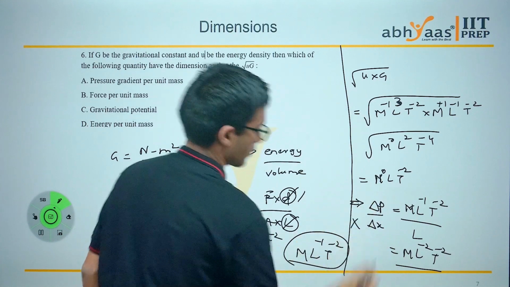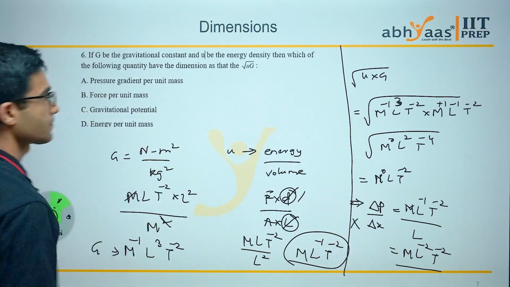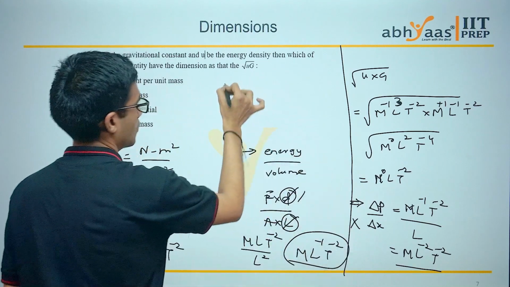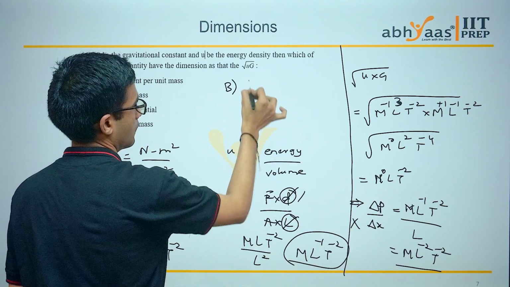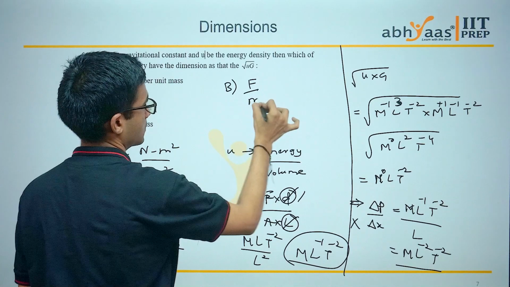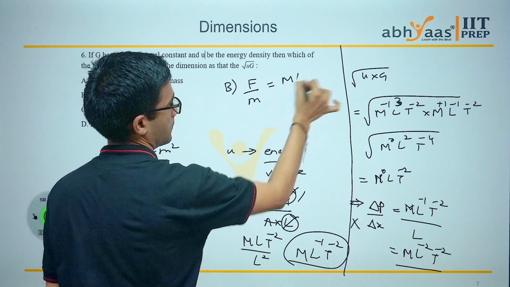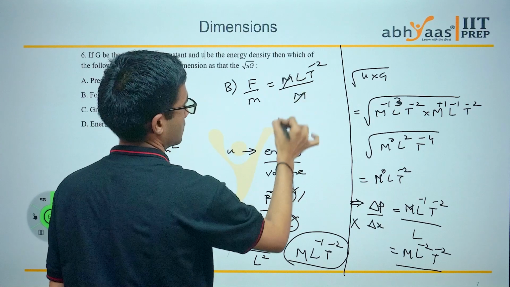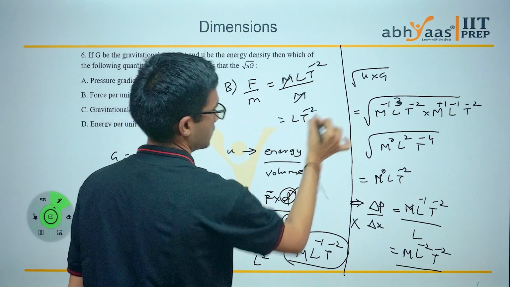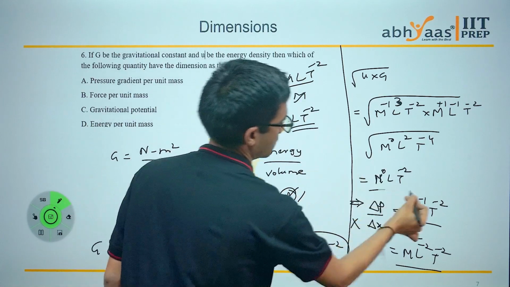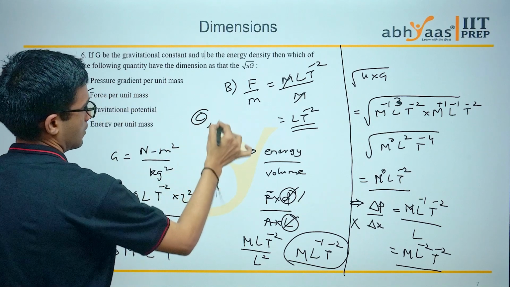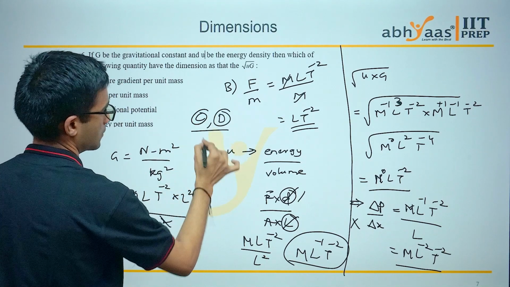That means it's wrong. Similarly, force per unit mass. So B option I am doing here. Force is M L T power minus 2 by M. So both cancelled. What you are getting? L T power minus 2. That means both are matching. So option is B. Remaining things C, D you can do as homework.